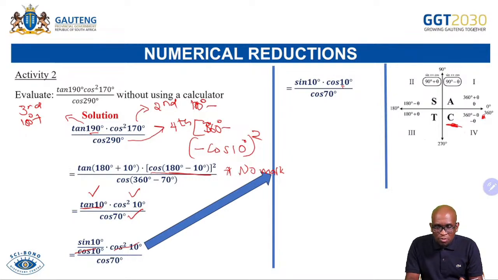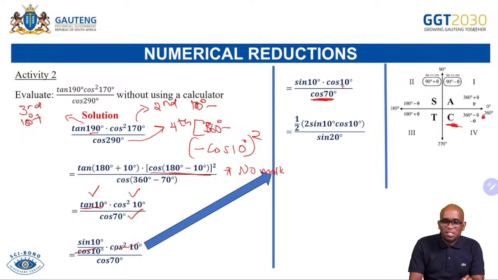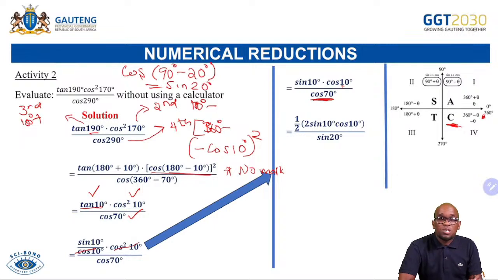Now, continuing with this, we can change the cosine of 70. We can change it to a sine using the reduction formula, because cosine of 70 is the same as cosine of 90 minus 20 degrees, which means this changes to the sine of 20 degrees.